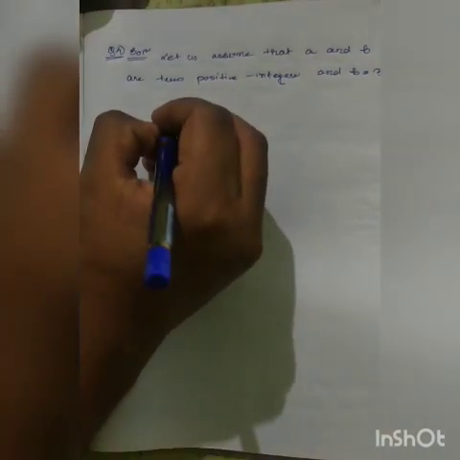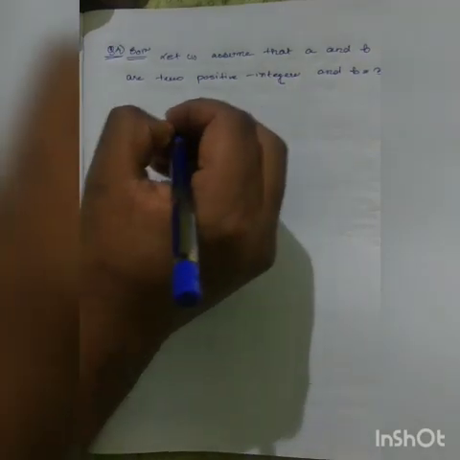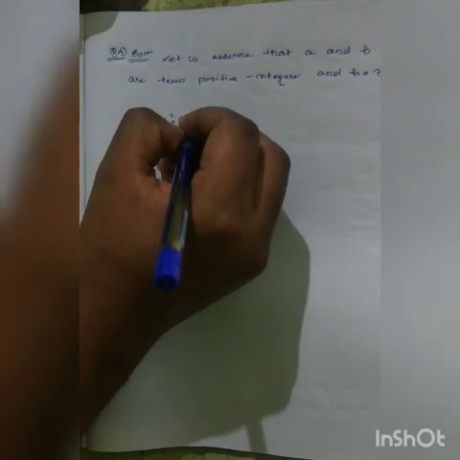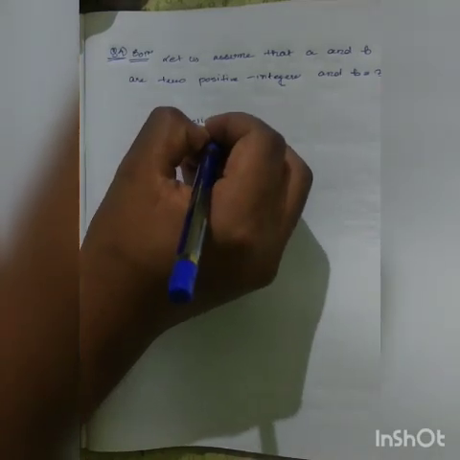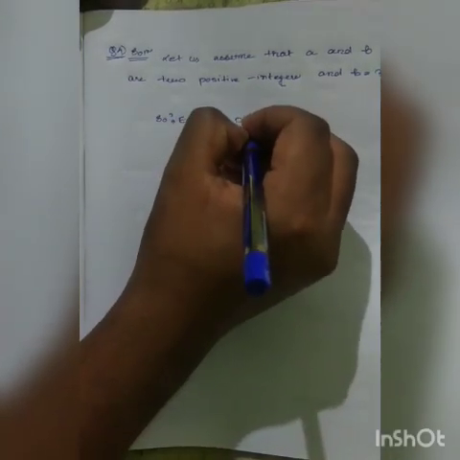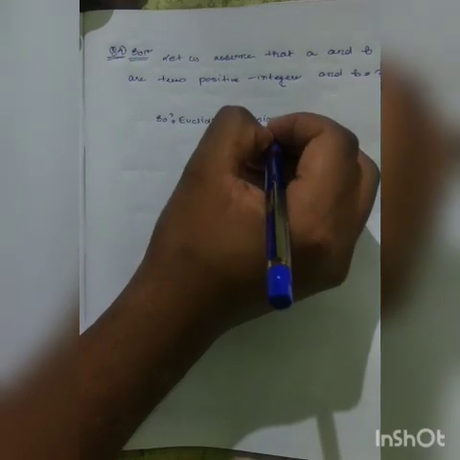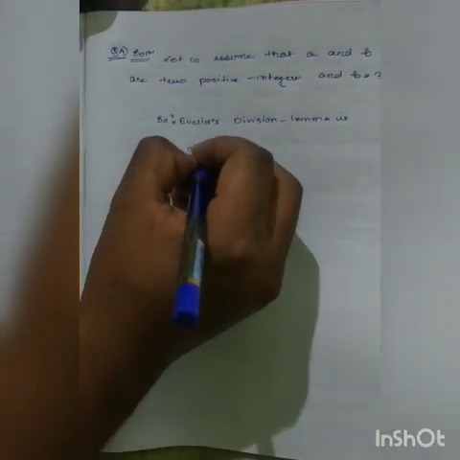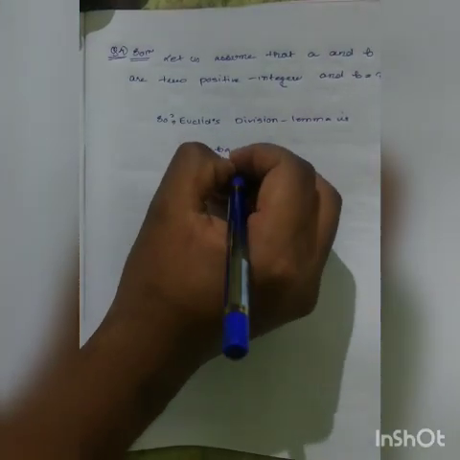So as we have taken 3, Euclid's division lemma is a is equal to bq plus r.